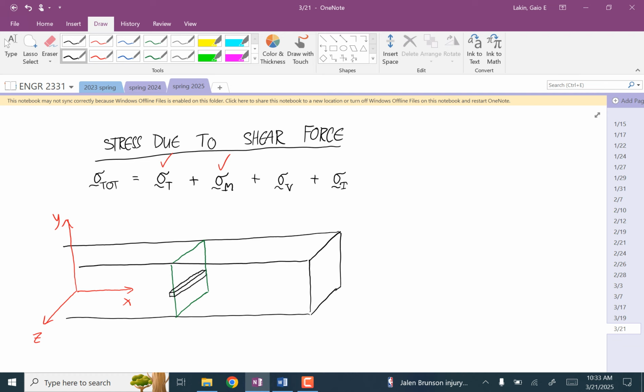So the stress produced by that downward force would look like this.